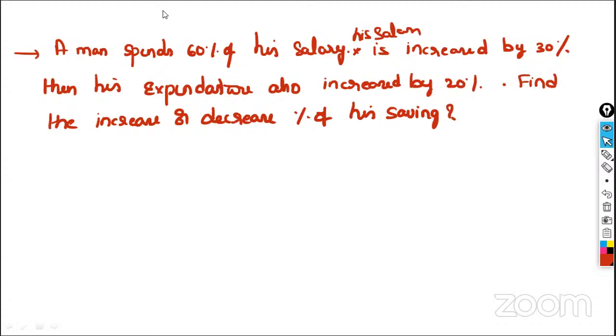No decrease, no increase, wrong. Right. Change in 45%. Lokesh, increase or decrease? Increase. Very good. Correct.